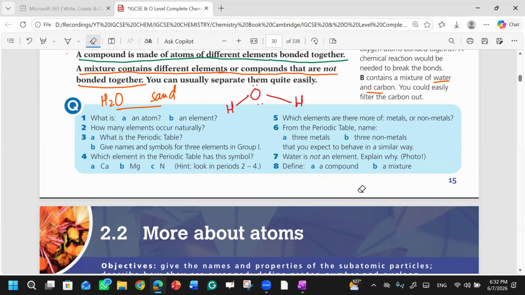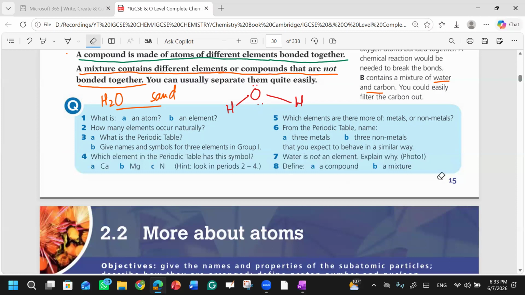An element is formed from just one kind of atoms. But in water you have hydrogen atoms as well as oxygen atoms. That is why this is not considered an element, but a compound or mixture. This is a compound.